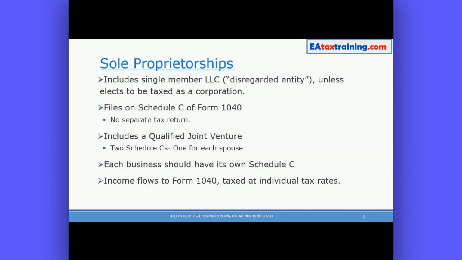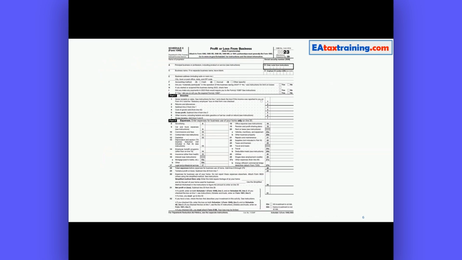If they're similar, then maybe you include them both on the one. But if you've got 2 really completely different types of businesses that you do, then you should have them on separate Schedule Cs. And then for all sole proprietorships, the income just flows to Form 1040 because Schedule C is part of Form 1040. So it just flows right up to the front page of the 1040. And the income, of course, is taxed at individual tax rates.